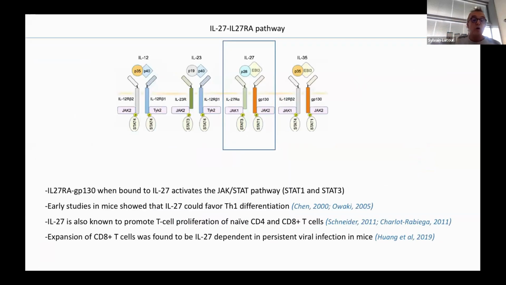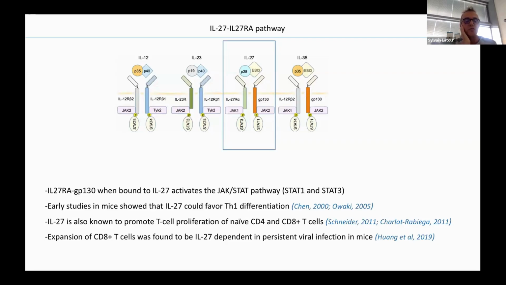So what we know about IL-27 is that this receptor, when bound to IL-27, activates the JAK-STAT pathway, particularly STAT1 and STAT3, and it depends on JAK1 and JAK2 kinases. Early studies in mice have shown that IL-27 favors TH1 differentiation and promotes proliferation of naive CD4 and CD8 T cells.